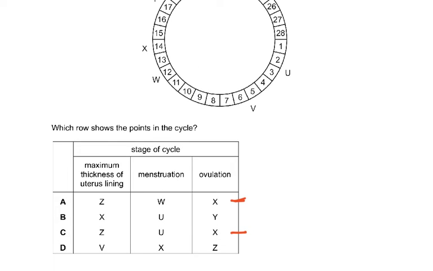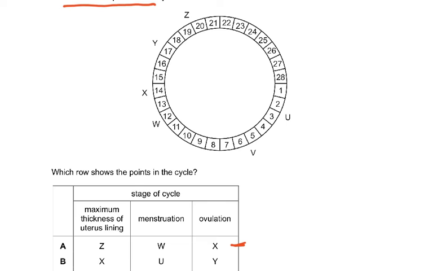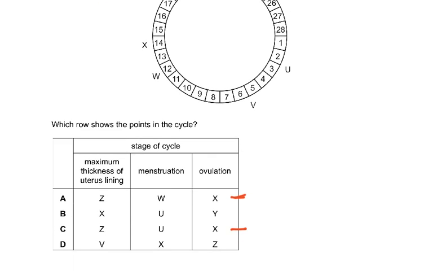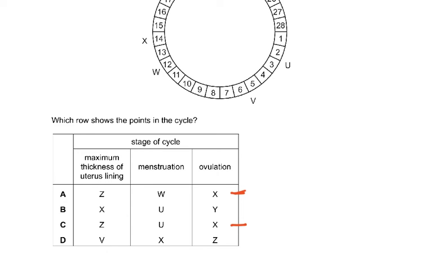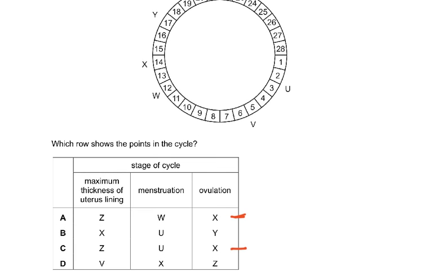So the question is that maximum thickness of the lining would be at Z, maximum thickness, and menstruation is going to be at U. So that is why the answer is going to be C. Why is the maximum thickness of the lining at Z?